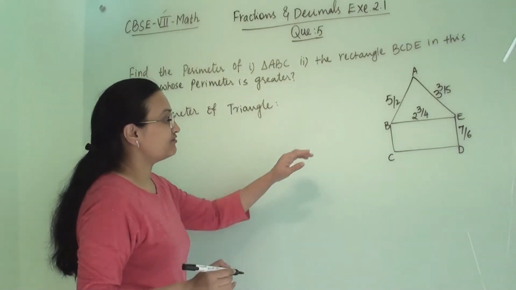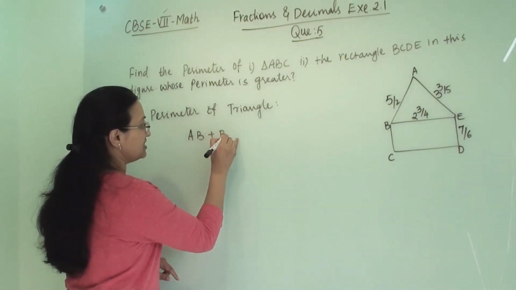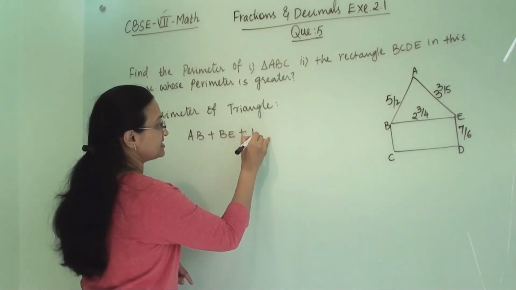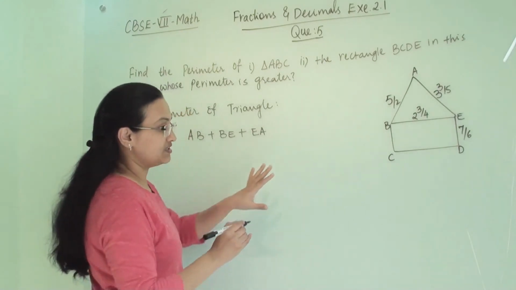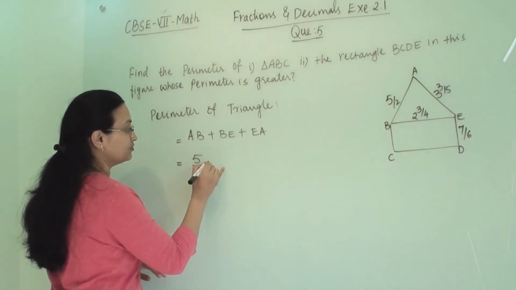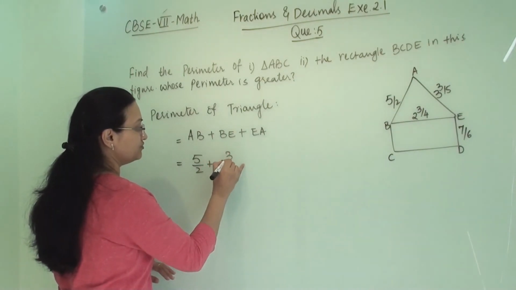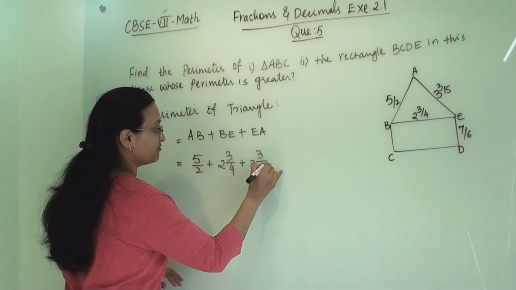Now the sides of the triangle are AB plus BE plus EA. Now all the sides are in centimeters. Now let us add them. So it is 5 by 2 plus 2 3 by 4 plus 3 3 by 5.